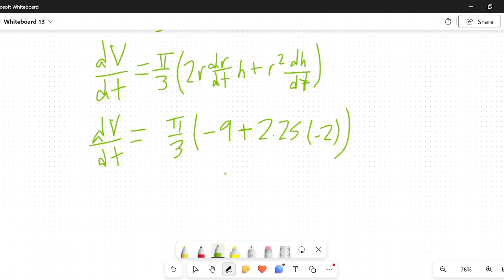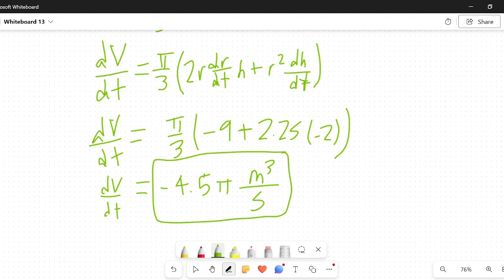So if we simplify overall and divide the 3 out, negative 4.5 pi is going to be dV over dt. So the volume is decreasing at a rate of 4.5 pi meters cubed per second. So this is our first derivative application.